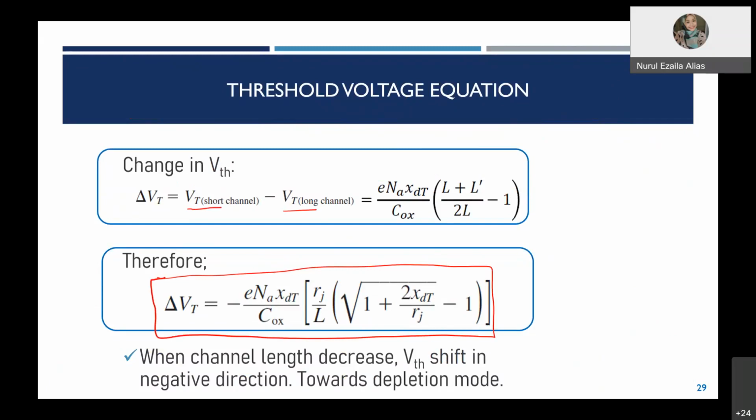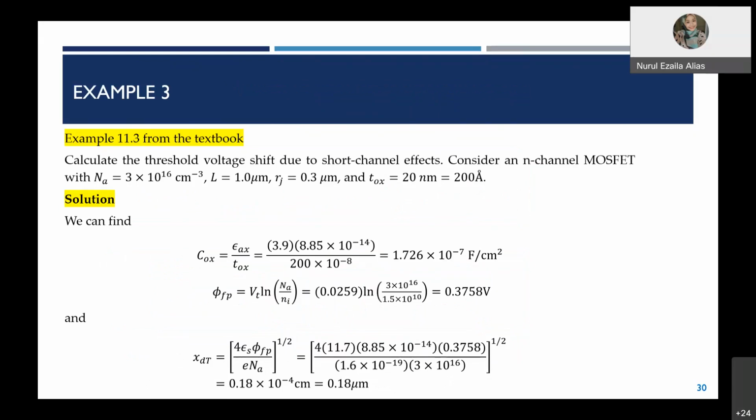This is just maybe up to 90 nanometer. For this case, when the channel length decreases, the threshold voltage shifts in the negative direction, towards depletion mode, meaning the threshold voltage will shift to the left. So this is the example.